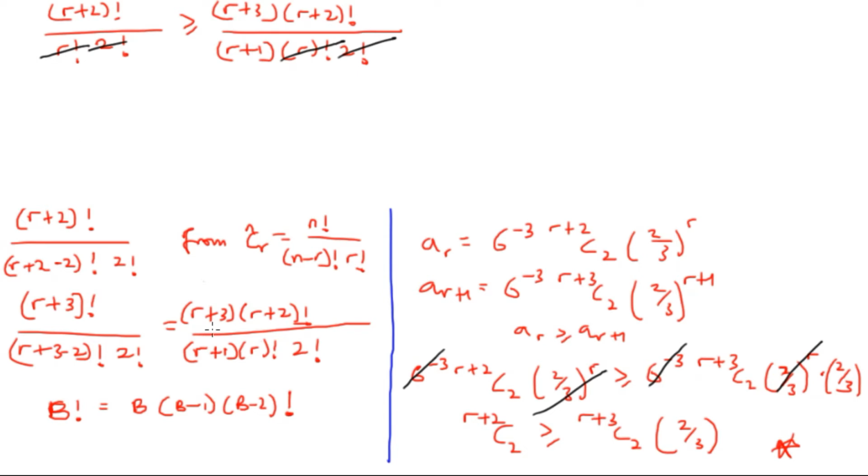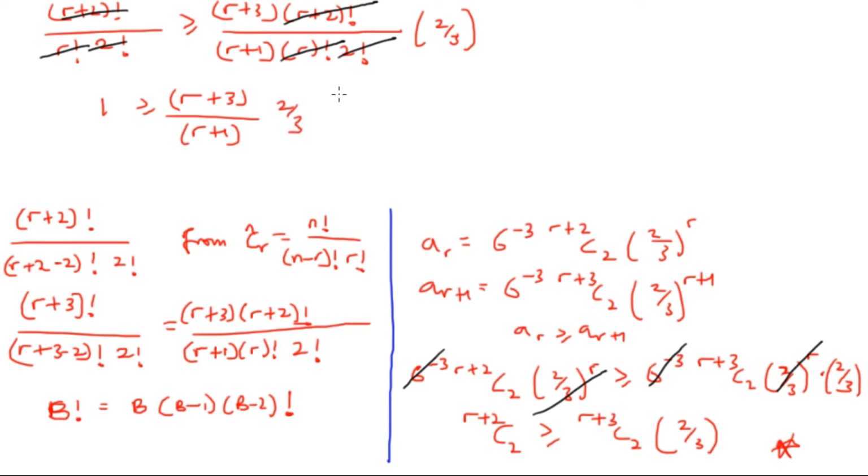That was the main reason why we needed to split this, so that it cancels out and we will not have factorials again. Don't forget that there is an outstanding 2 over 3 right here. So I will have 1 here, everything has been divided. Then I will have r+3, no more factorial, and r+1, no more factorial, and then 2 over 3.